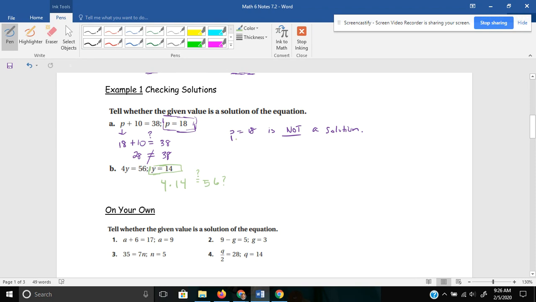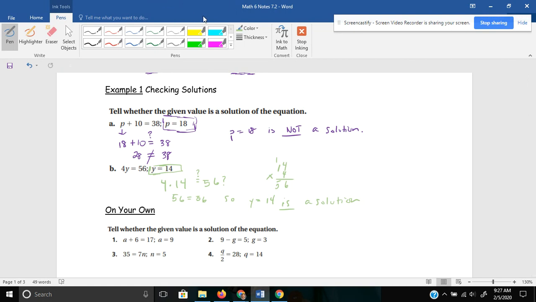Well, 4 times, let's write it out here just so we can see. 4 times 4 is 16, carry my 1. 4 times 1 is 4, plus 1 is 5. So I get 56, does equal 56. So y equals 14 is a solution. So yeah, that does work, right?